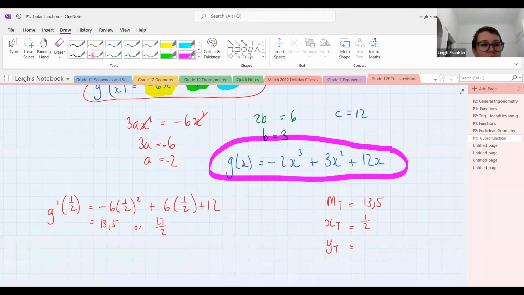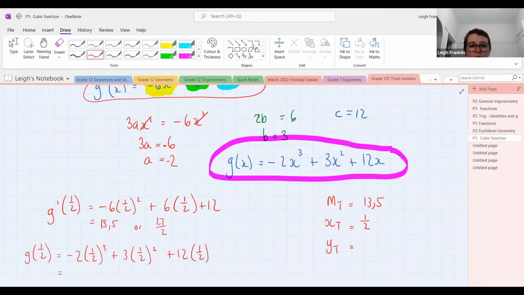because that's the equation of the cubic function. So now, g of a half is equal to -2 times a half cubed plus 3 times a half squared plus 12 times a half. And then you guys can share with me what you think that is, Mulwazi.